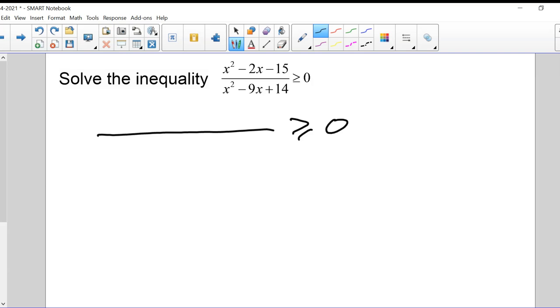Okay, so Karis has the top as being x minus 5, x plus 3. And I'm going to agree with Karis on that one. And we'll give Caleb a chance to come up with the factors at the bottom. One of the things that I know Jeremy was hoping is that maybe we could cancel some stuff out. That might make our job a little bit easier. We'll see if that's the case.